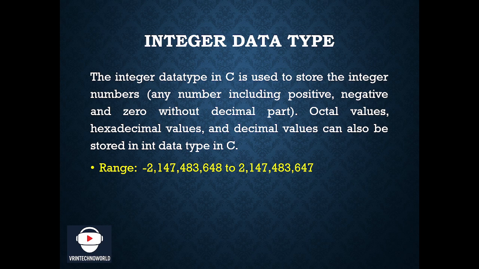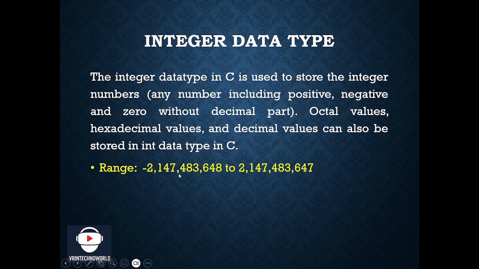Now, the most important part, which is asked in objective type questions in competitive exams as well as in your university exams, is: what is the range of the integer data type? It is in billions, starting from a negative number to a positive number.